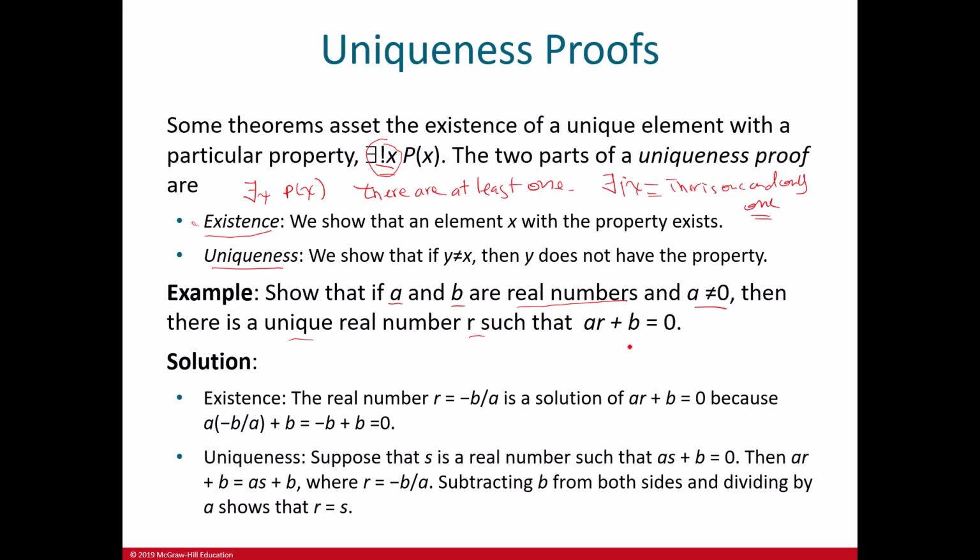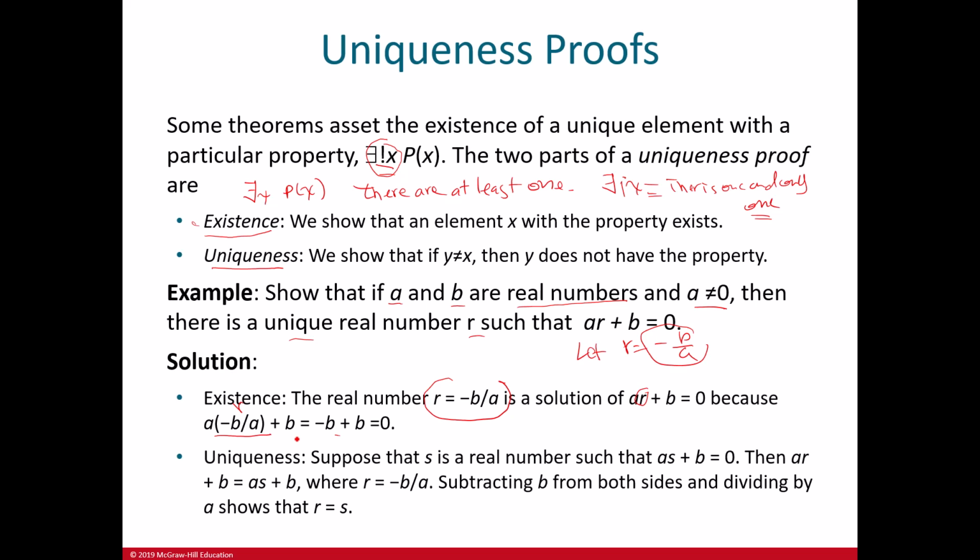What we can do is let R equal minus B over A. We're going to take this and substitute it here. So this is R. When we do this, what do we get? We get minus B plus B is equal to 0. So this number we picked really becomes a solution to this.